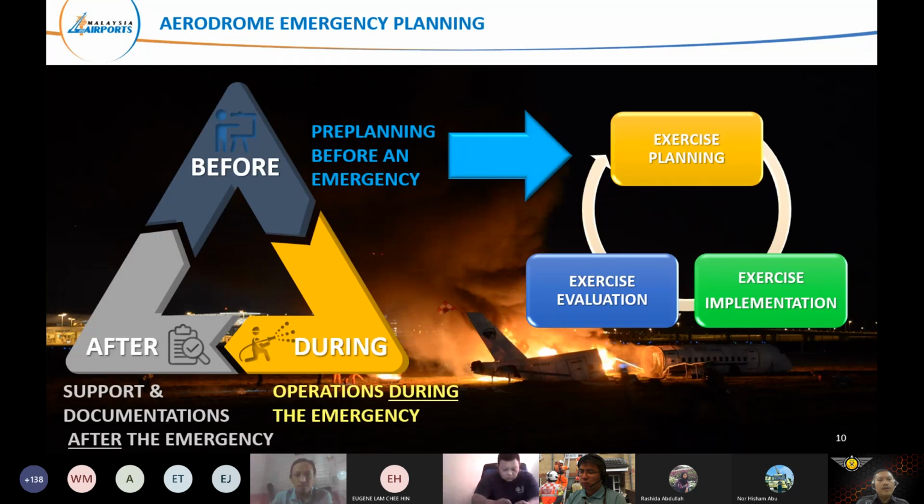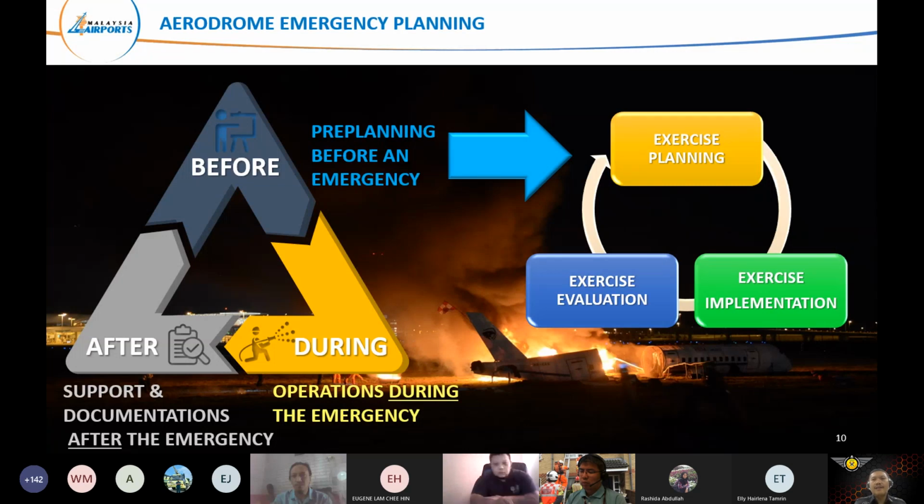So normally it's a cycle of emergency management: before, during, and after. Before an emergency is the pre-planning process. During an emergency is the operation during the emergency, and last, after the emergency, is support and documentation after the emergency.